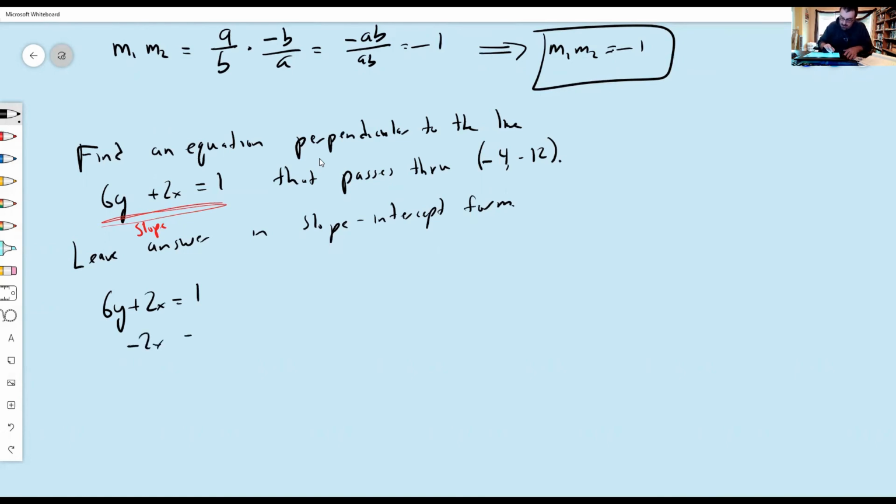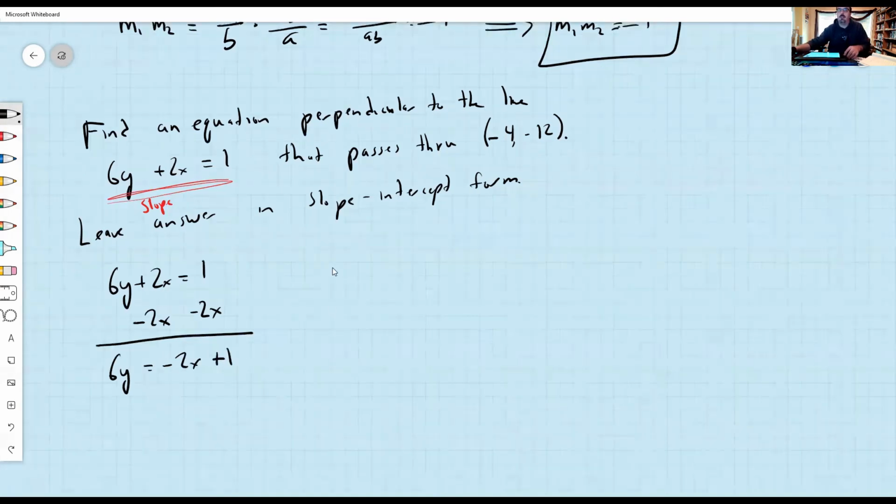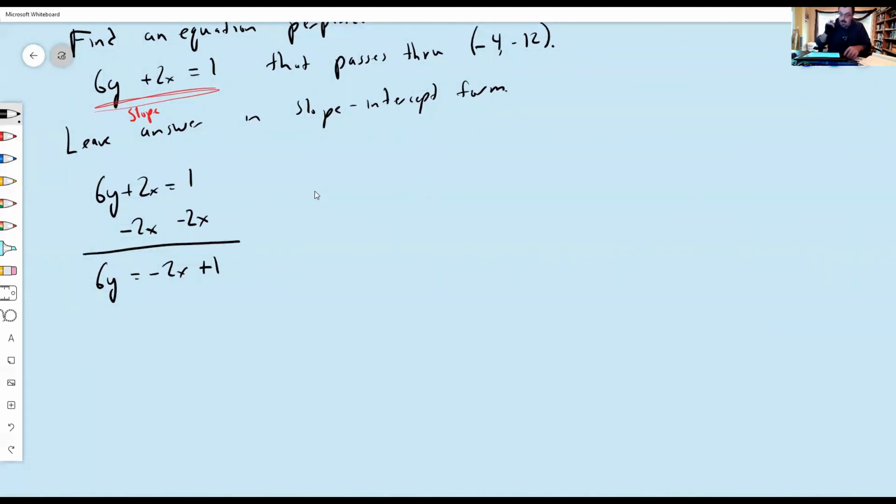So minus 2x. 6y equals minus 2x plus 1. Divided by 6. Y equals minus 2 over 6 reduces to 1 over 3 because I have a common factor of 2. So a slope here, slope line 1, if you want to call it that, is minus 1/3.